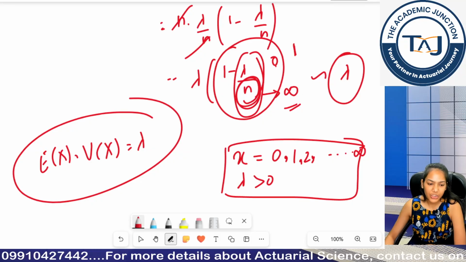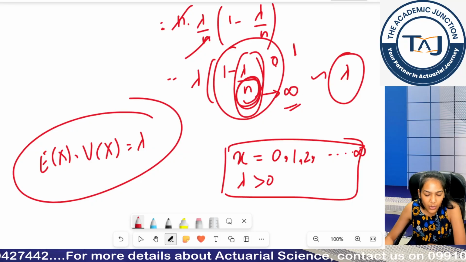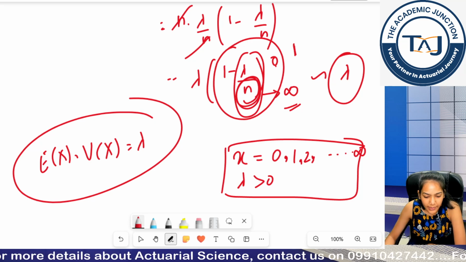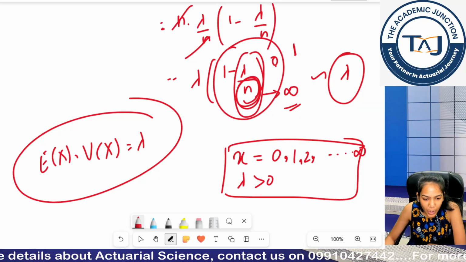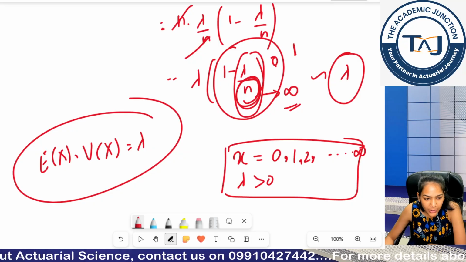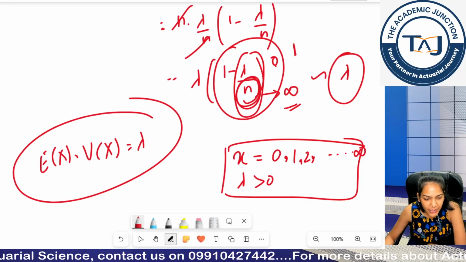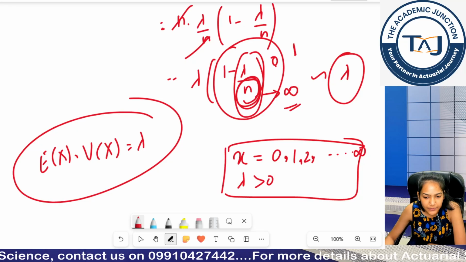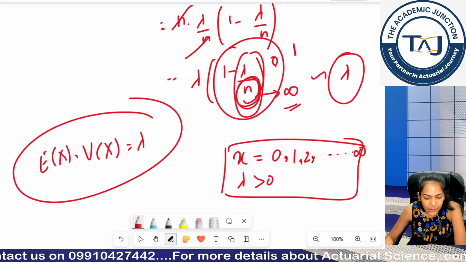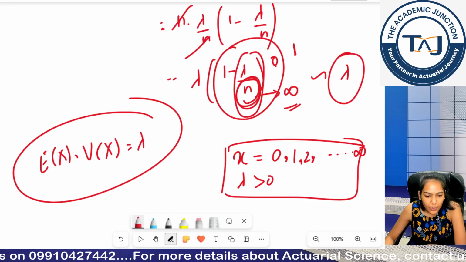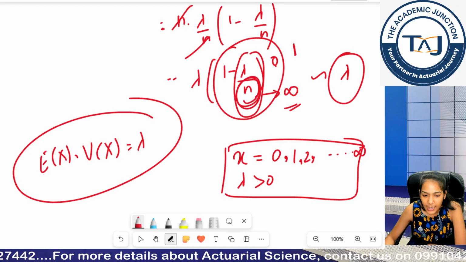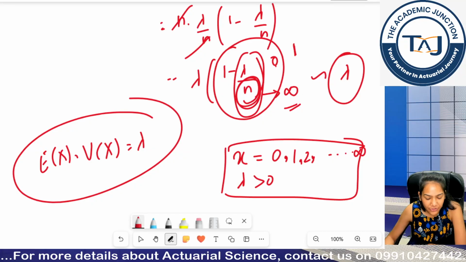Now write down the question. If goals are scored randomly in a game of football at a constant rate of 3 per match, calculate the probability that more than 5 goals are scored in a match.